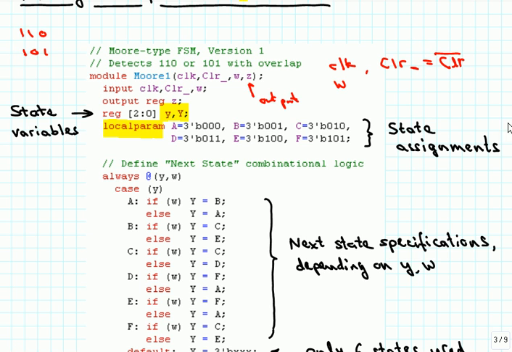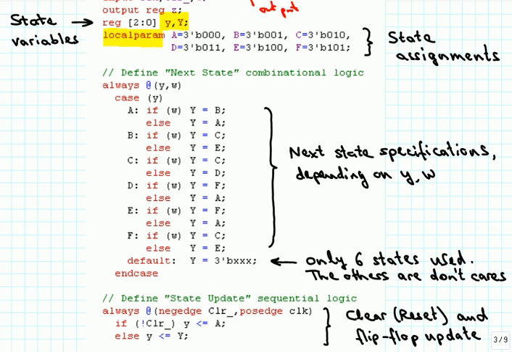So now that we have the states defined, we can define the next state combinational logic that's done in this always block here. So this whole block here down to here, that just specifies what is the next state going to be depending on the current state.